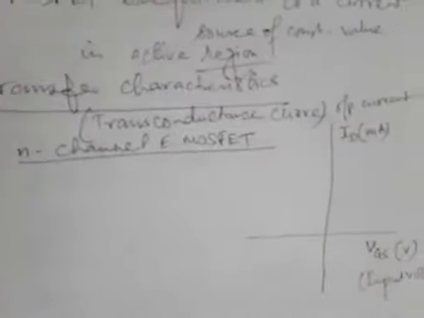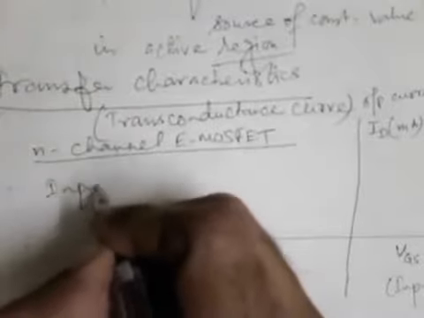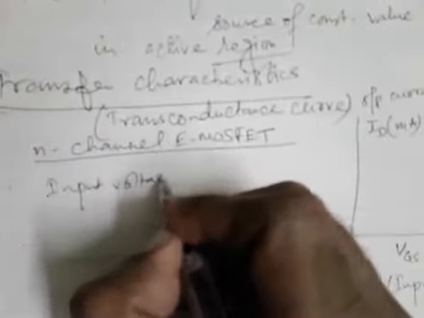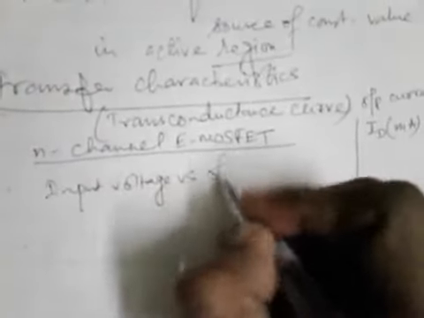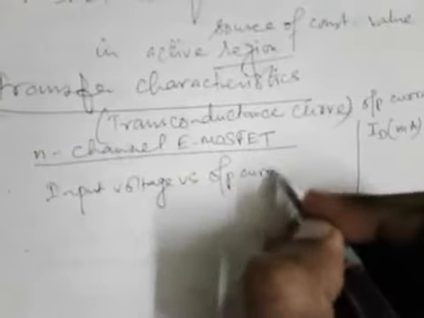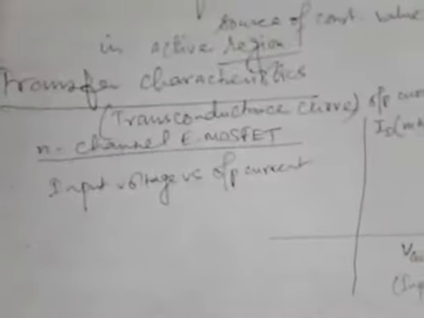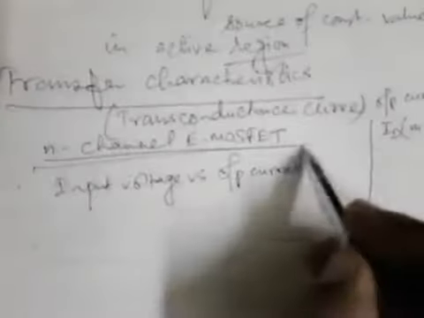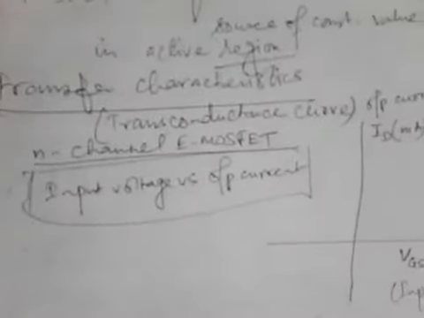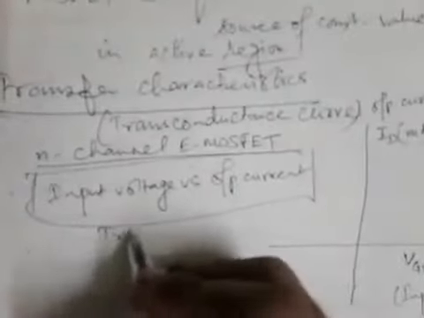That means this is the output current. Since the characteristic is plotted between these two, input voltage versus output current, this will be called a transfer characteristics.